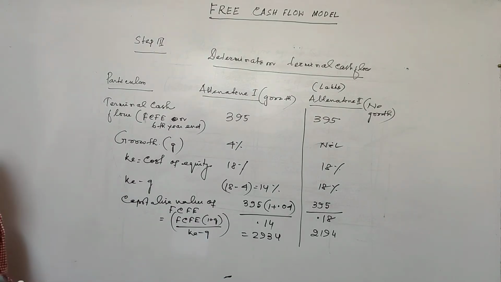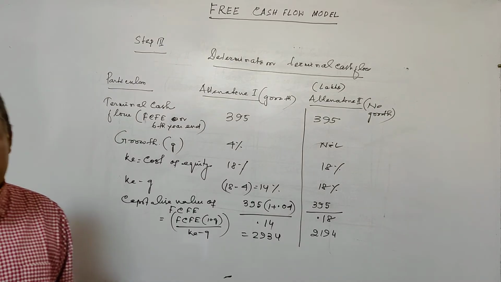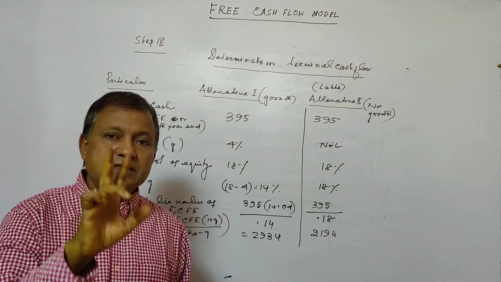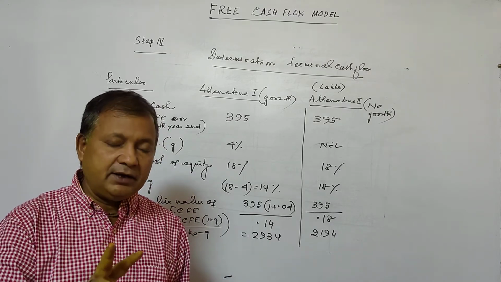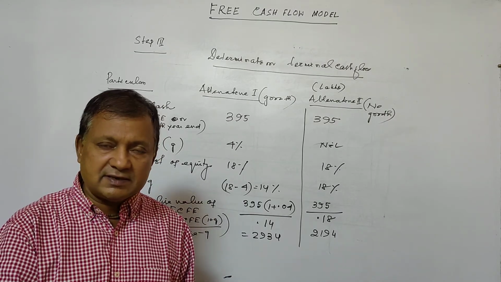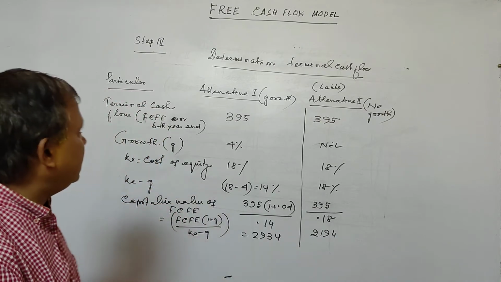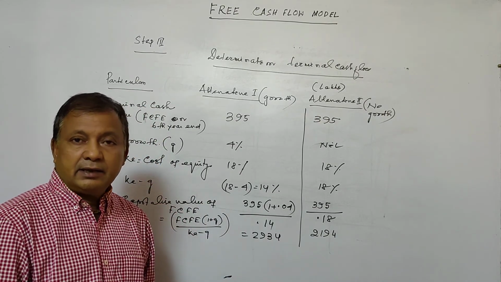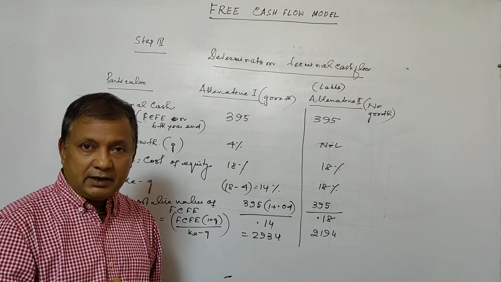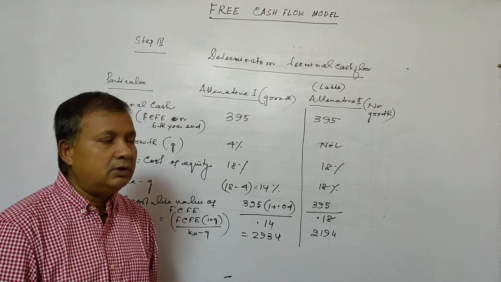Then we shall come to the present value of all the cash flow. In the second step, we found out the cash flow for 6 years. In the third step, we found out the capitalized value of the terminal cash flow.